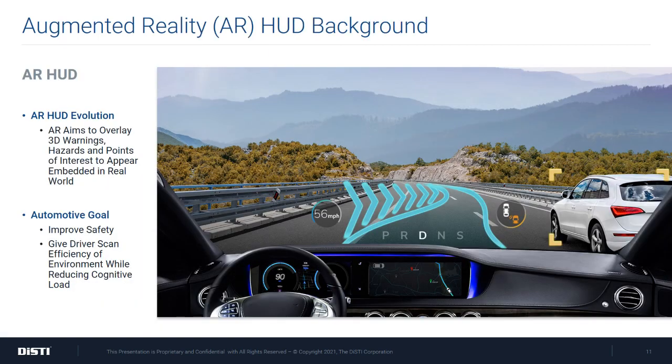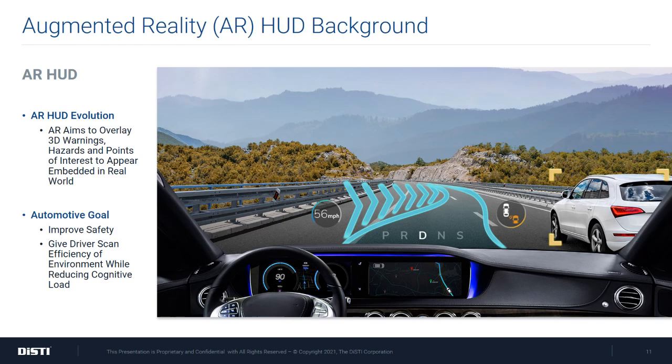So if we take that a step further and start looking at introducing augmented reality into a heads-up display, your heads-up display is typically your 2D overlay onto a specific screen. Whereas your AR, your augmented reality, really aims to overlay 3D warnings, hazards, points of interest, things that are critical to your driving into the 3D scene, actually embed them into the 3D scene.